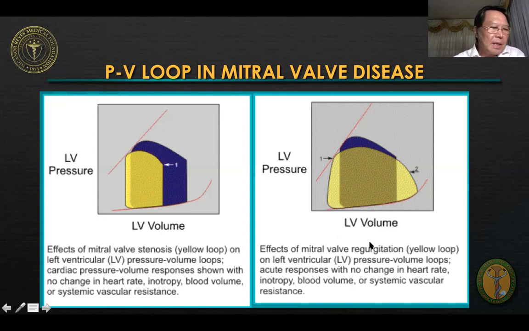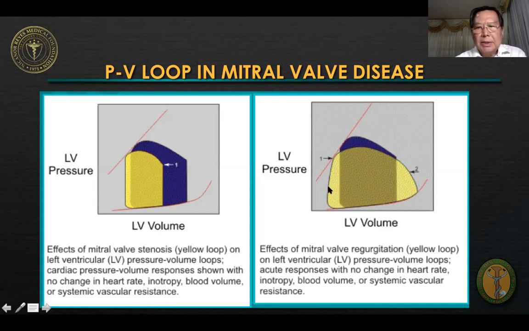And what happens here is, again, if you use this as your reference normal, from here to there, that is your stroke volume. In patients with mitral regurgitation, the stroke volume is increased, right? Again, because of an increased volume inside the left ventricle, right? So the end diastolic volume, if it were normal only here, then it is increased, right?